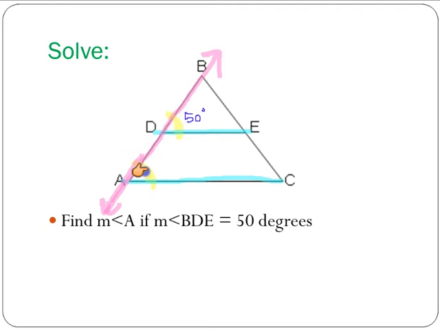They are corresponding angles, and because they're corresponding angles, we know that they have the same angle measurement. So angle BAC, or angle A, would be 50 degrees as well. This would also be 50 degrees because of the corresponding angles, and we know corresponding angles are congruent.